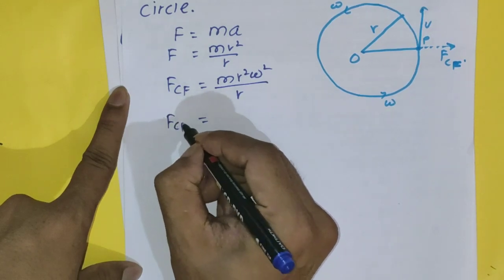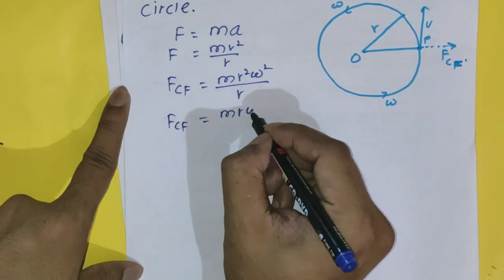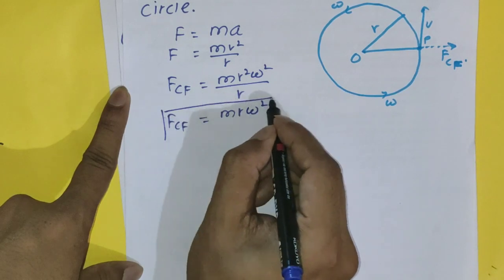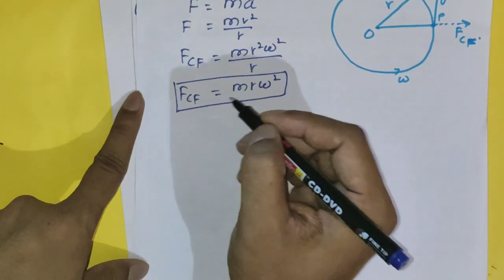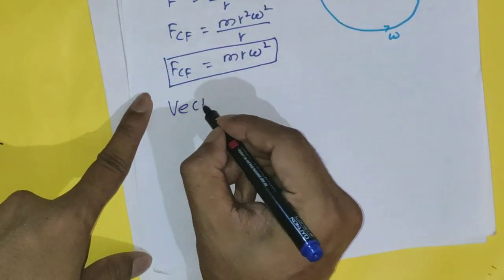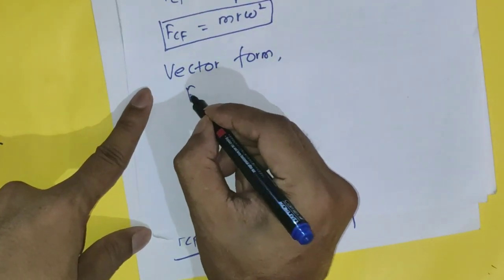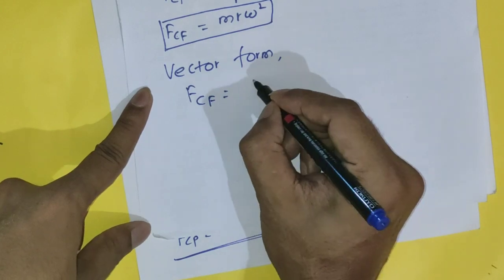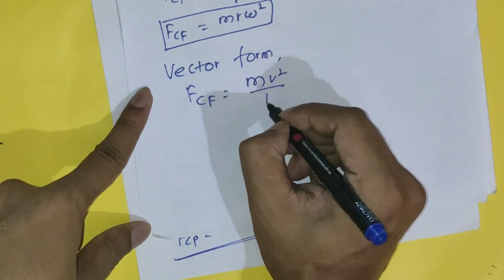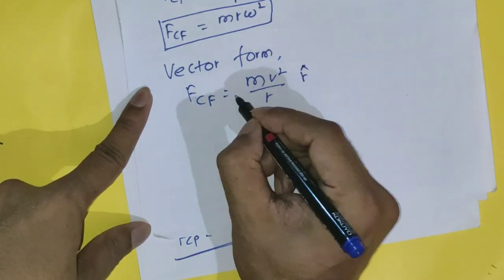So Fcf is m r omega square. In vector form, Fcf is mv square by r into r cap.